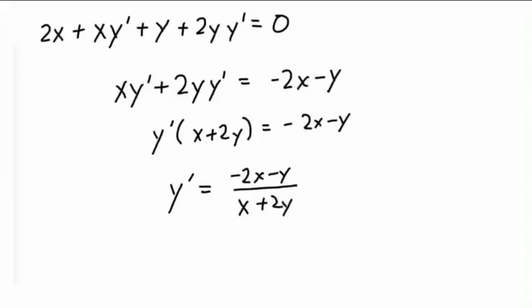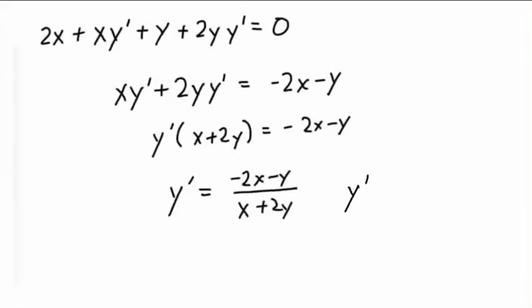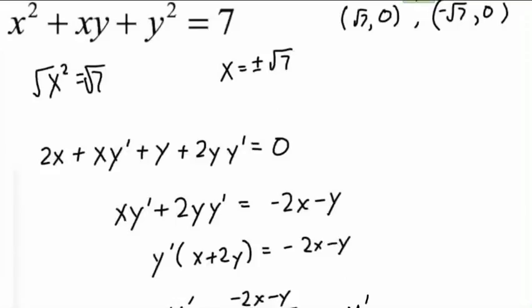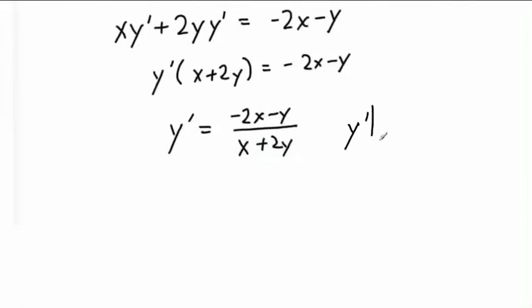What we are going to do is evaluate y prime at my certain points. So we're going to do y prime at square root of 7, 0, and then y prime at negative square root of 7, 0.